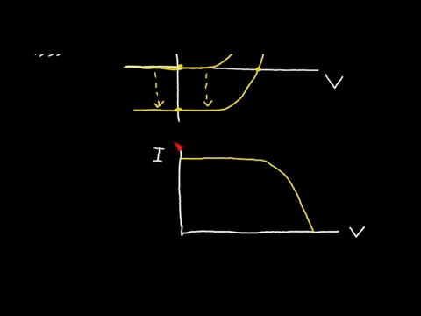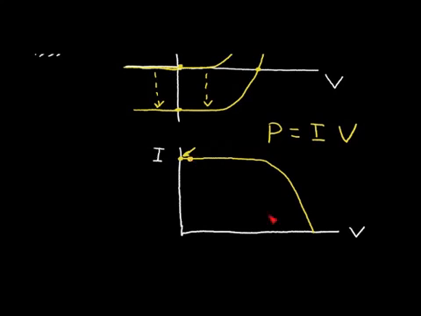So the key to the solar cell is that we want to extract power. We want this solar cell to do some useful work. And recall that power is equal to current times voltage. So let's consider we're operating right here.